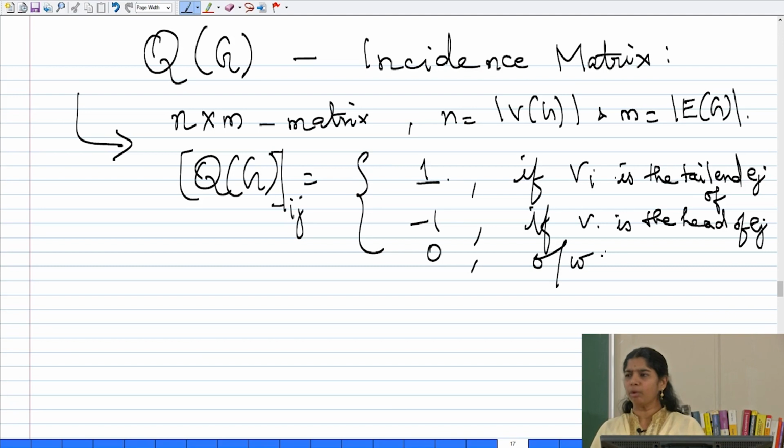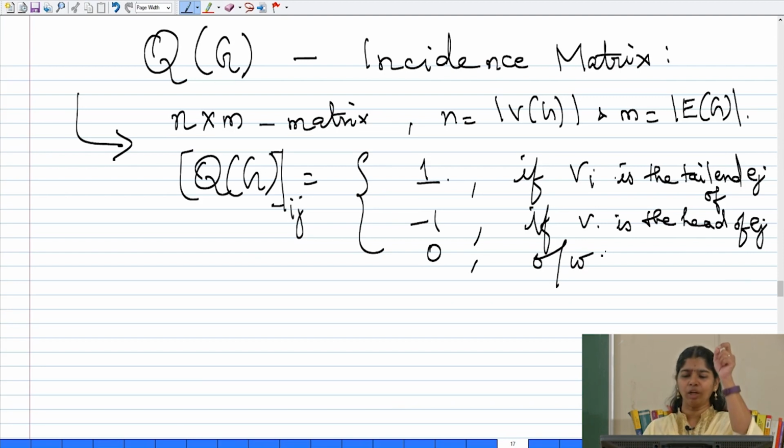So what can we say about this matrix again? If you look at every column, Ej is obviously going to have a tail and an end. So every column will have a plus 1 and a minus 1 with its end points. So the column sums will be 0, and the row sums would give you the in degree and corresponding out degrees also.